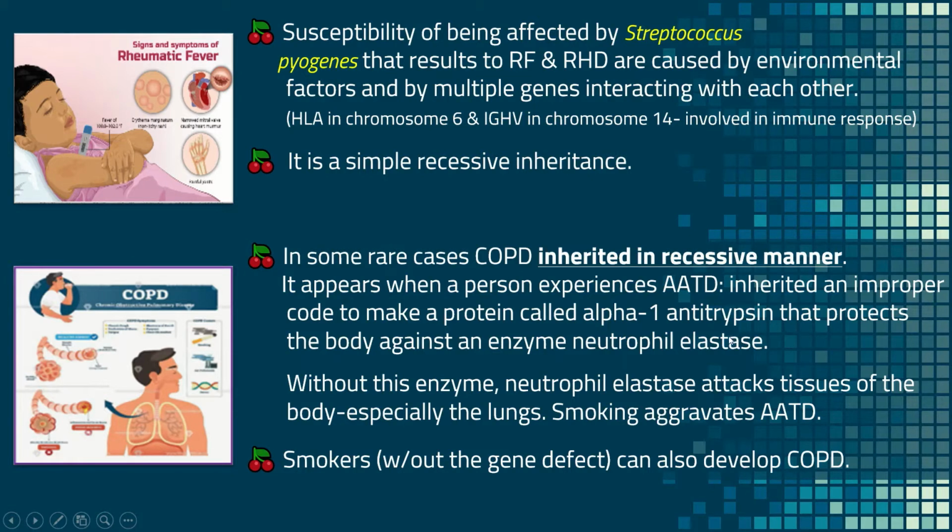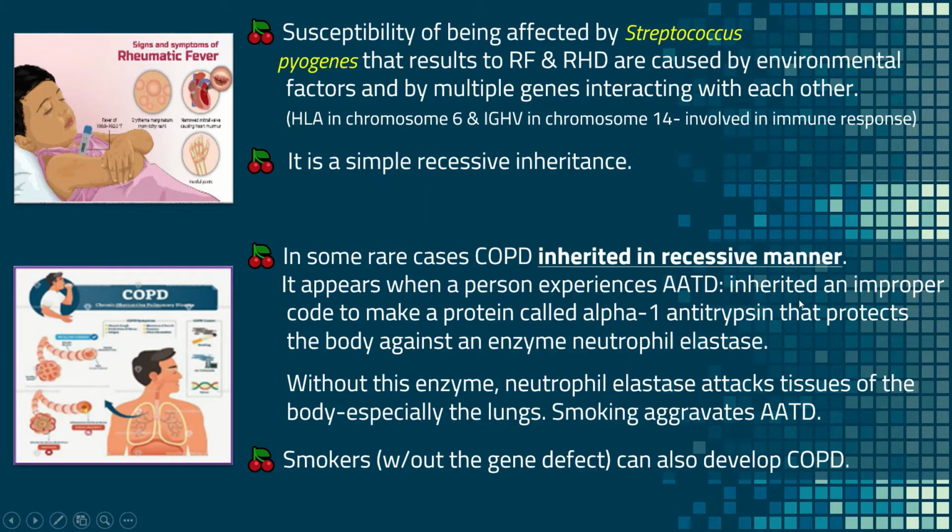Just like, for example, you add acid and water, it neutralizes the acid. So it's the same manner here. It neutralizes the brutal effects of neutrophil elastase to the tissues of the lungs and the liver.